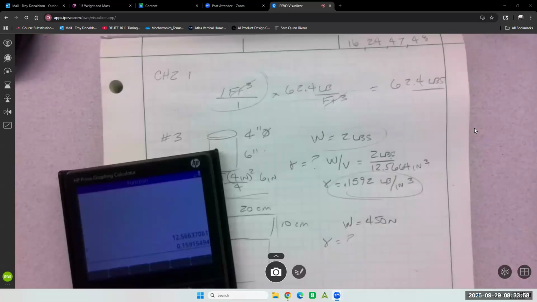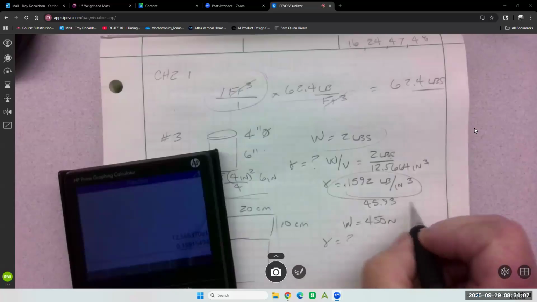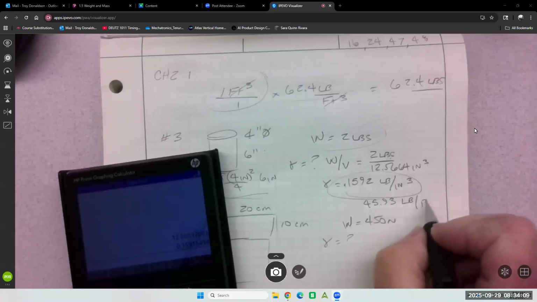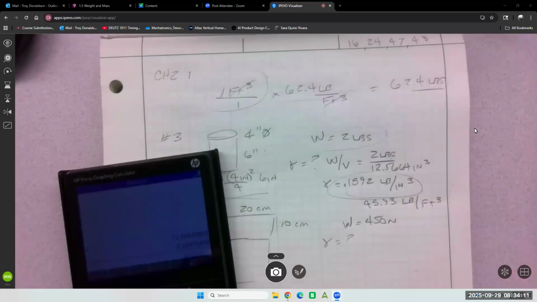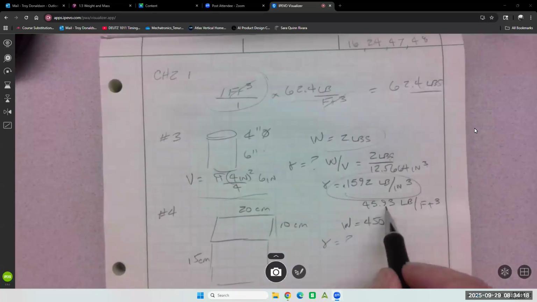Anybody get that number? What'd you get in feet cubed? 45.93 pounds per foot cubed. So that's just a factor of 12 to the 3, right? Yep, 12 to the 3 times this number should give you that number.